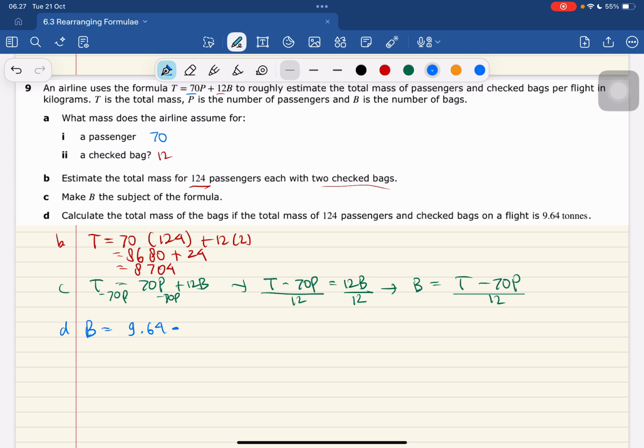This is tons, so we need to change tons to kilograms first.